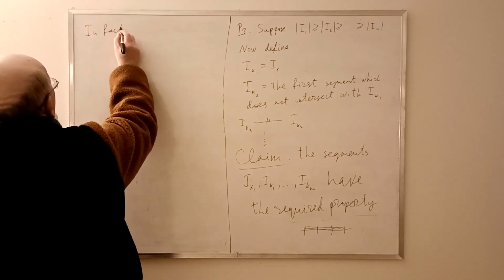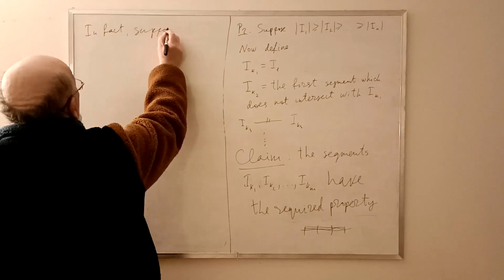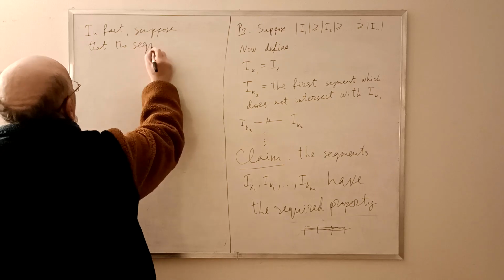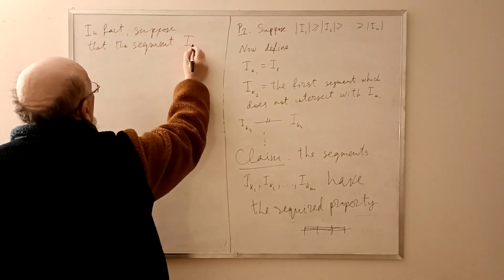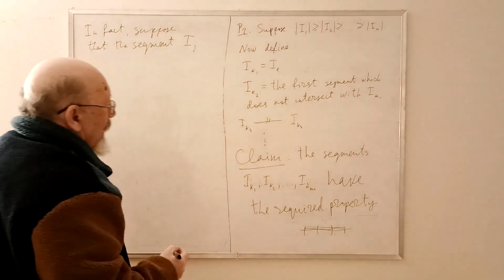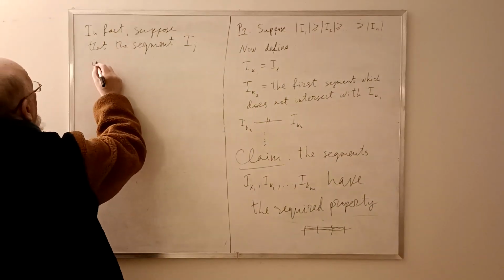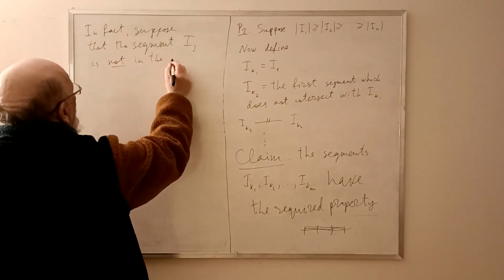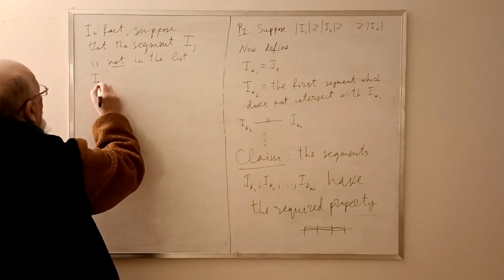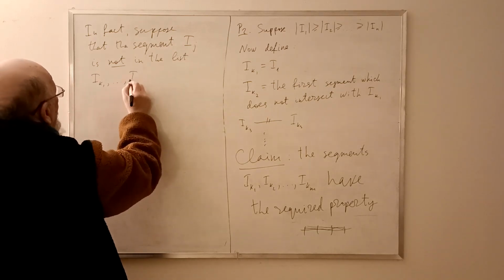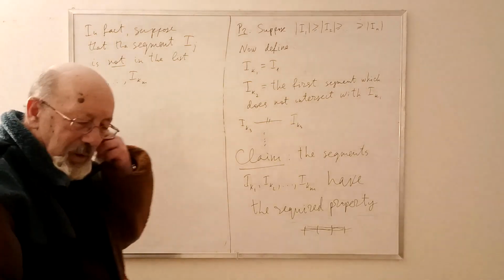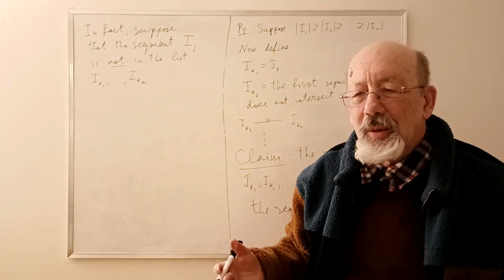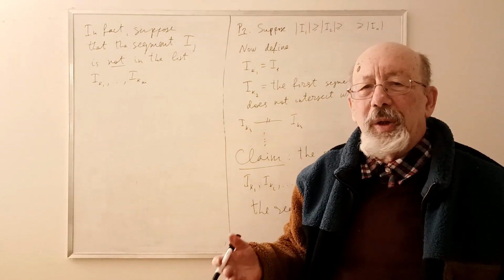Suppose that some segment Ij is not in the list I K1, I KM, so we did not pick it. Why didn't we include it?